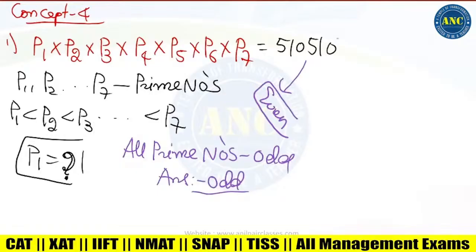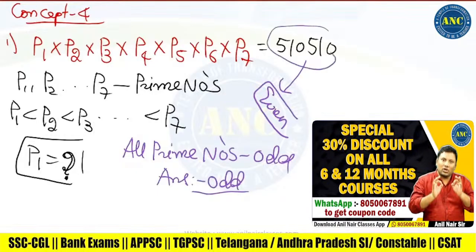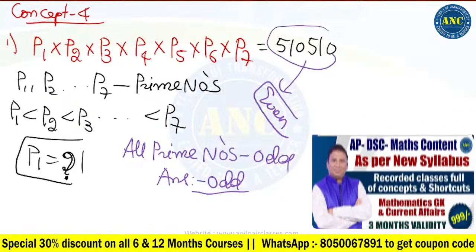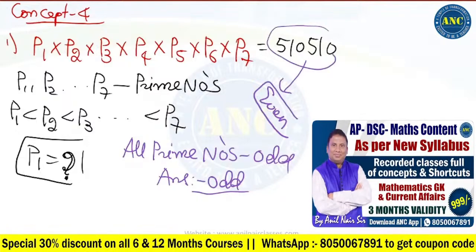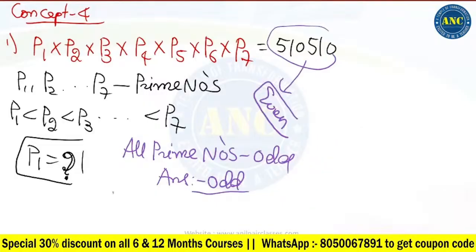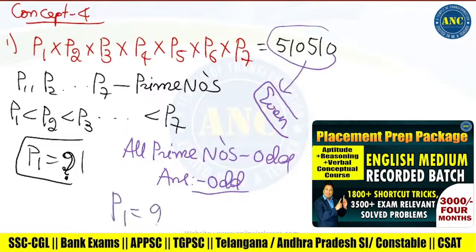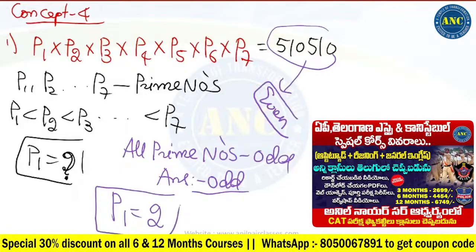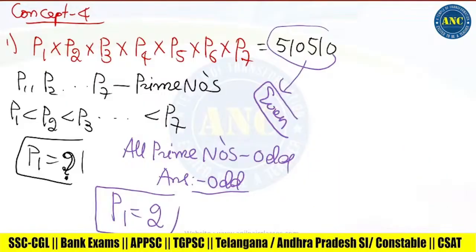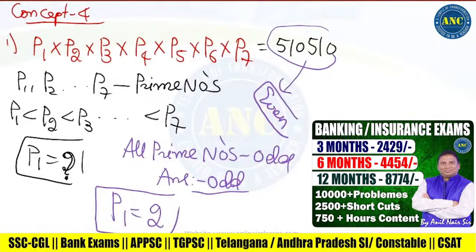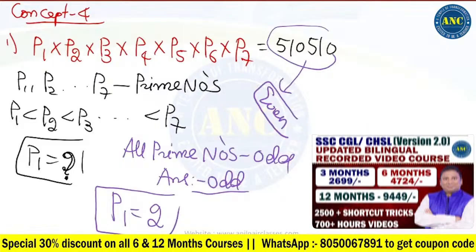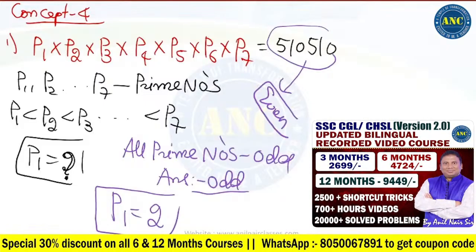But in the question, it is given as 510510, which is an even number. All the 7 cannot be odd numbers. One number has to be even, because in a prime number set, the only even number possibility is 2. So P1 is nothing but 2.